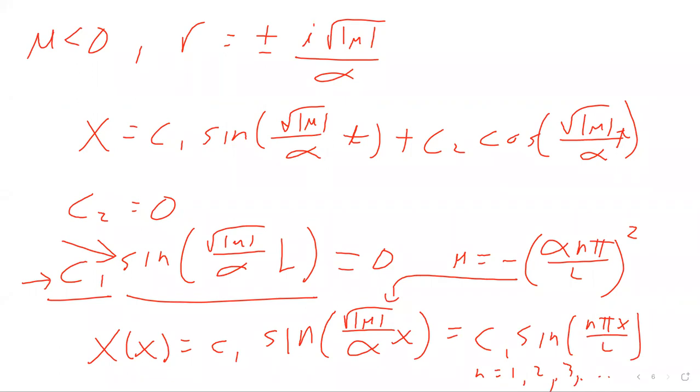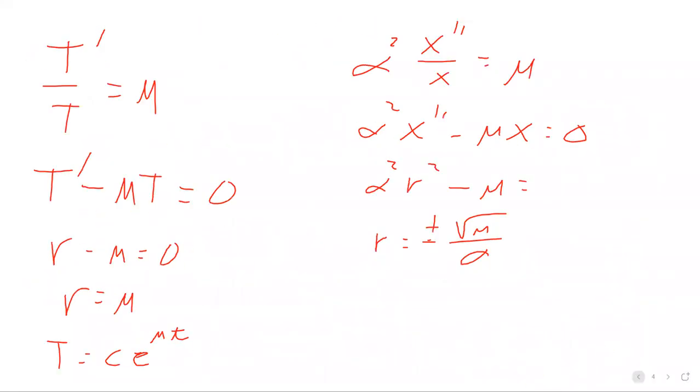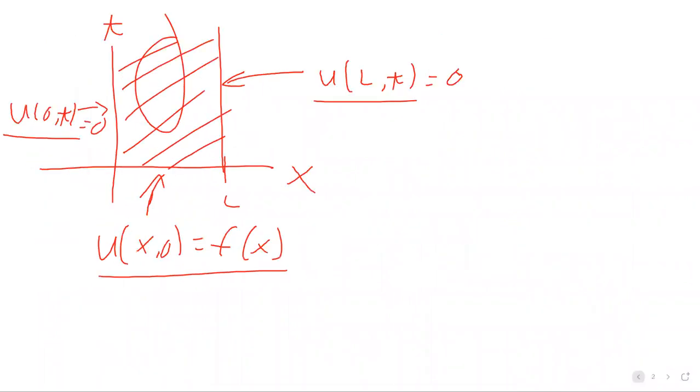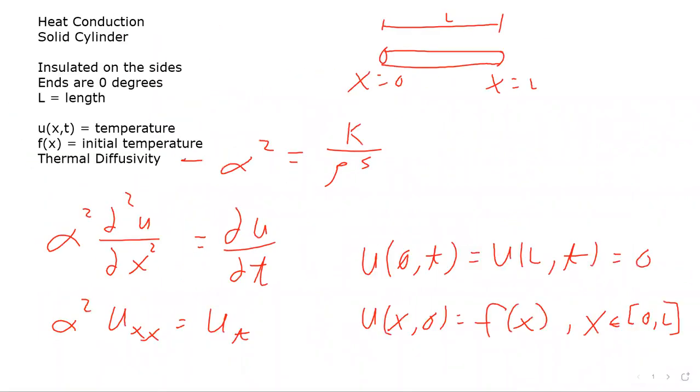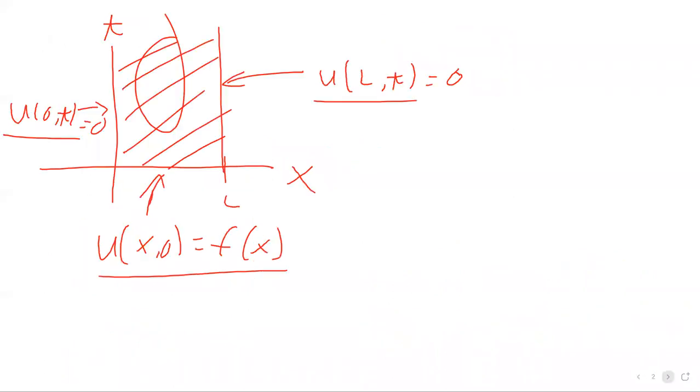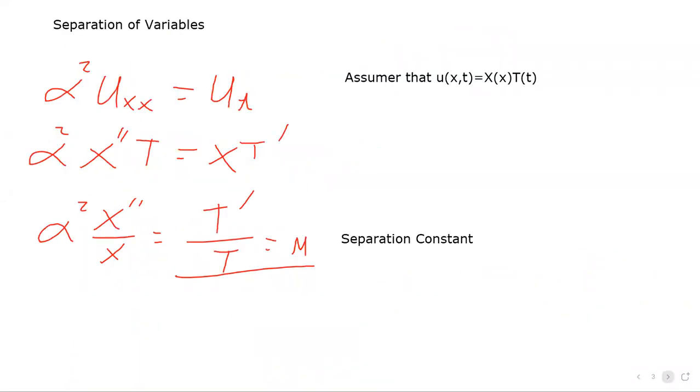So now we established earlier that our u, and we're going to use our u for specific n values here, was our T times our X. So that was our assumption back in the beginning about making it separable.